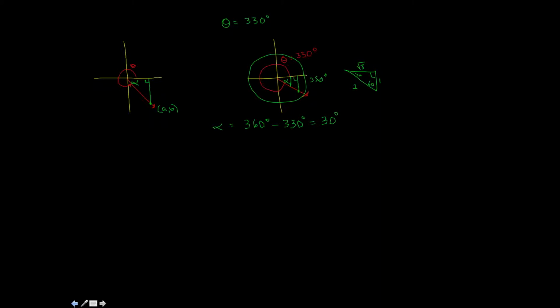Let's look at this one. Let's see here. Let angle theta equal negative 315 degrees. Angle theta equals negative 315 degrees.